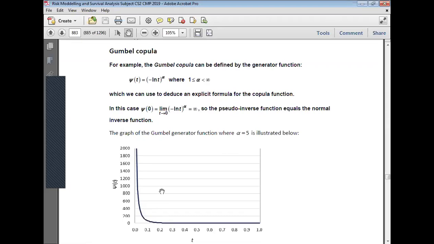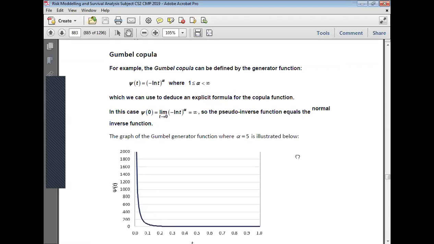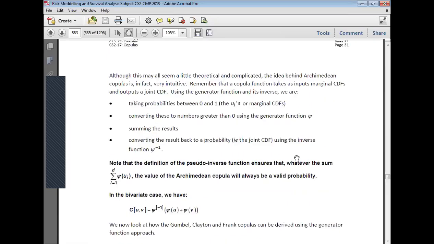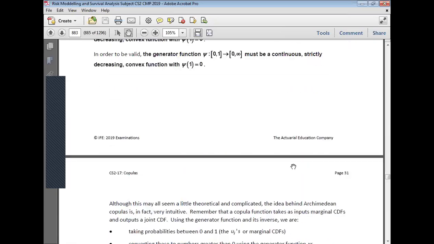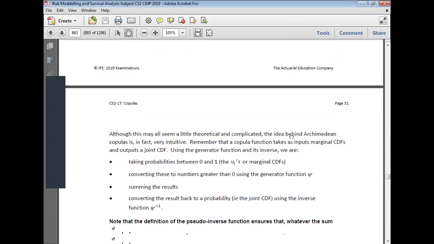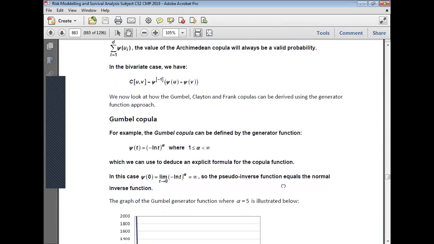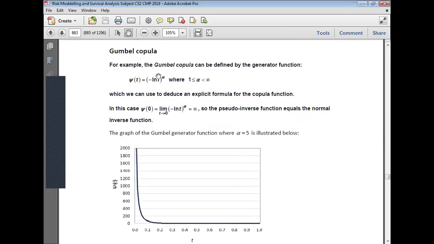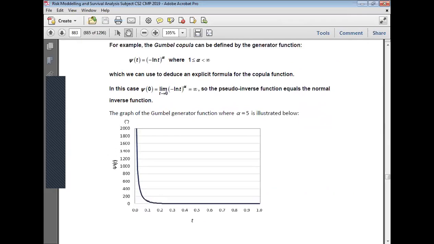But again, there was one more property, right? That whenever it takes a value of 1, it should be 0. So now what happens if you try to substitute a value of 1 here? If instead of t, you substitute 1 here, what do you know about log of 1? Log of 1 is always 0, right?